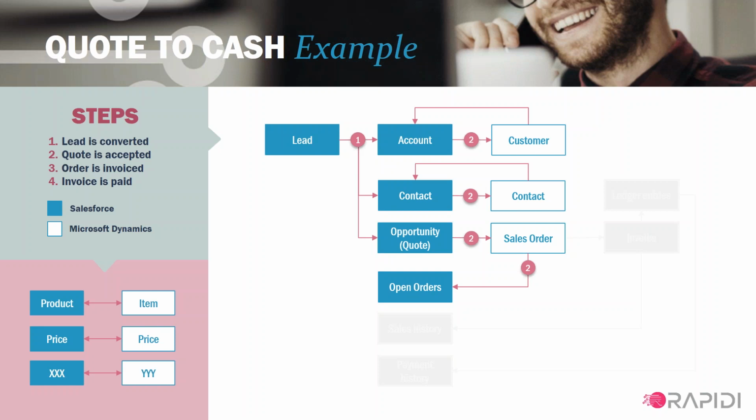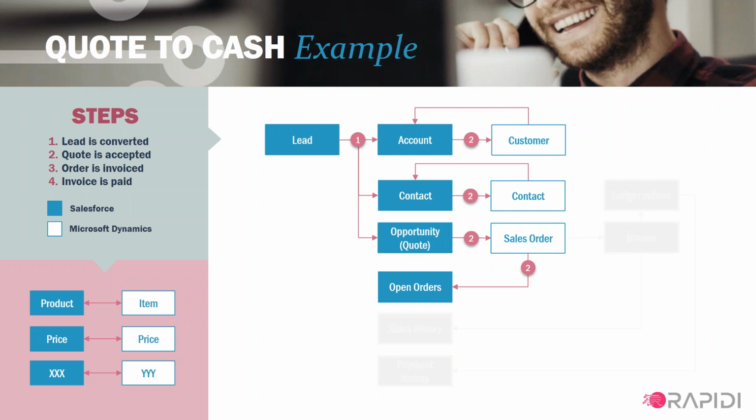What we do is that the second we have created a new sales order inside of Microsoft Dynamics, we synchronize that information back into an object called Open Orders in Salesforce that can be linked to either an account or an opportunity or both. And that helps the salespeople to see directly in Salesforce what is the status of any given open sales order for this account.